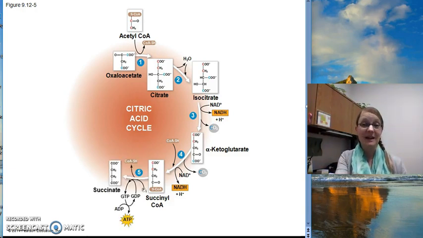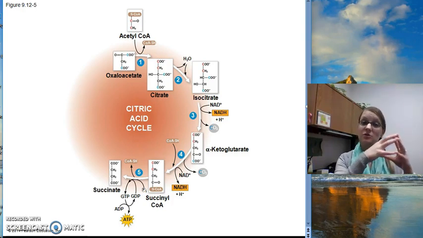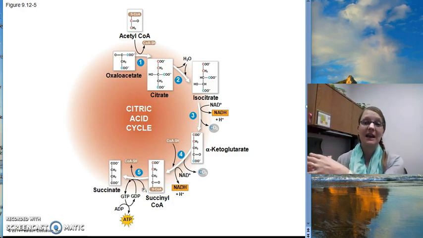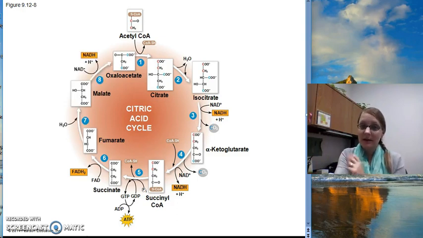We're going to make some ATP. Remember that the making of ATP in the citric acid cycle uses substrate level phosphorylation. So we're going to take the phosphate group from a substrate molecule and donate it to an ADP to make ATP. Okay? And then for the remainder of the steps, we're already at 4 carbons.